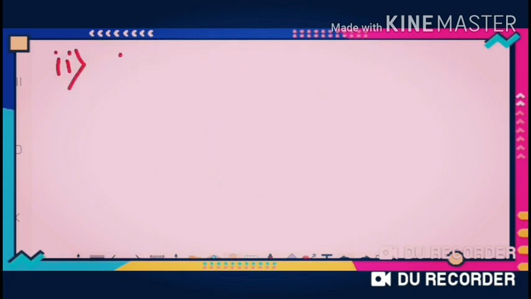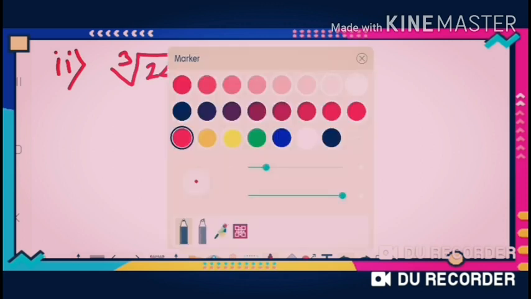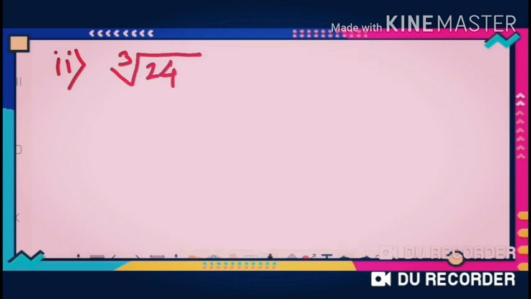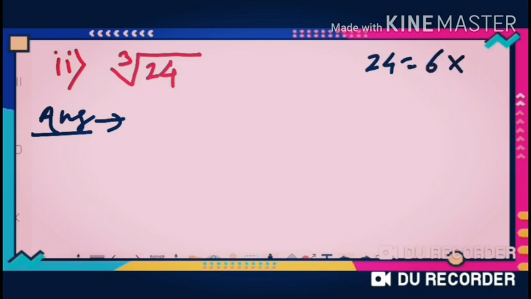Second example, order 3 in radical sign 24. First, write the possible factors of radicand 24: first 6 into 4, second 12 into 2, third 8 into 3.